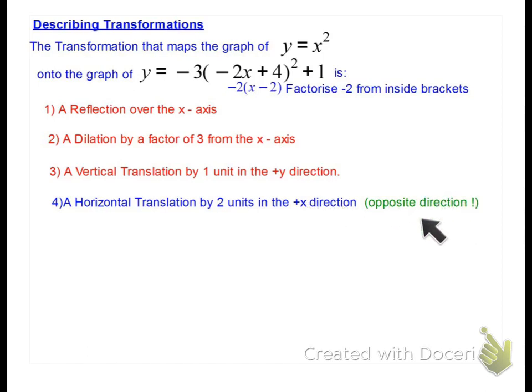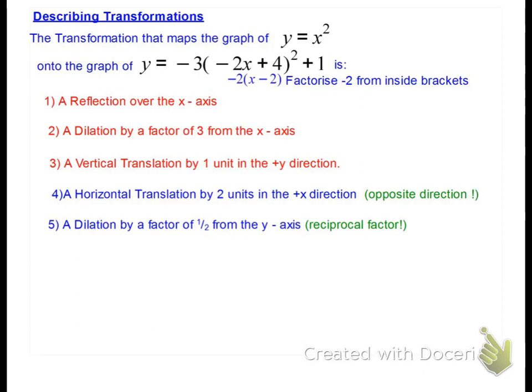So we've got that opposite direction behavior occurring. Now this factor of minus 2 out the front here, well, the 2 indicates we've got a dilation by a factor of a half from the y-axis. There's that reciprocal factor.